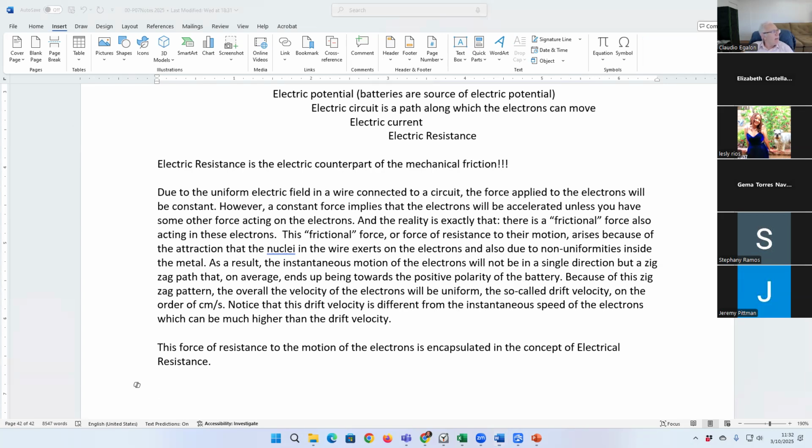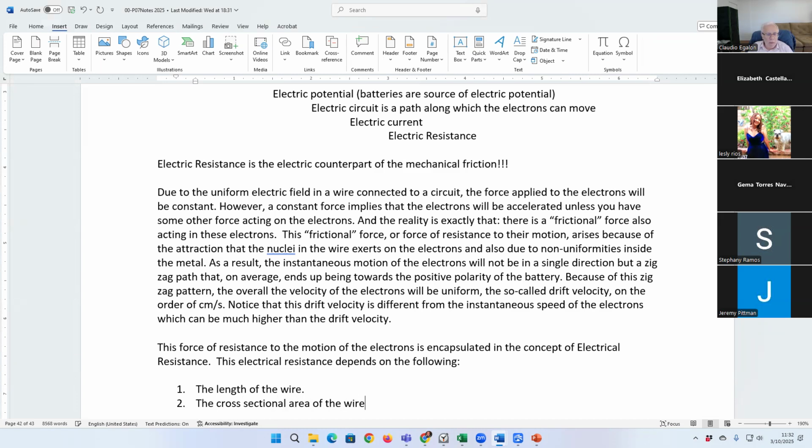And this electrical resistance depends on the following. One, the length of the wire. Two, the cross-sectional area of the wire.